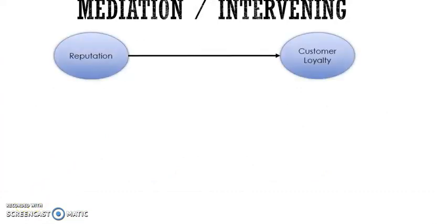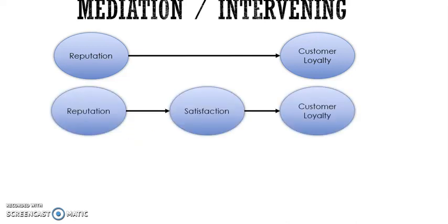Mediation or intervening. Suppose we have two constructs, reputation and customer loyalty. We would like to explain the relationship between the two constructs, but we also want to examine another construct that may explain the relationship better, which is satisfaction.